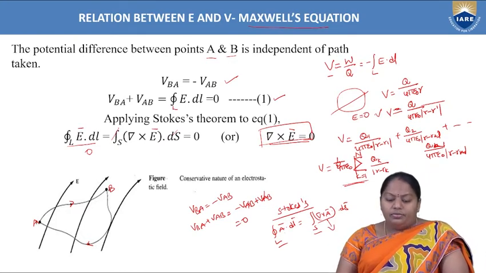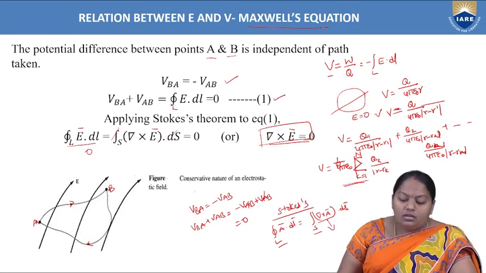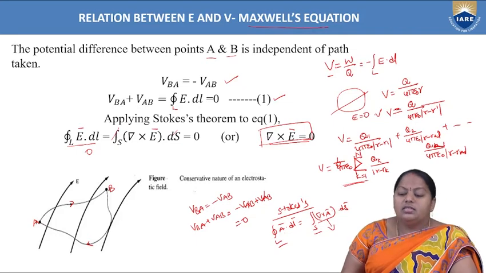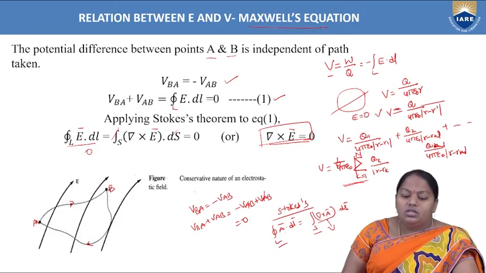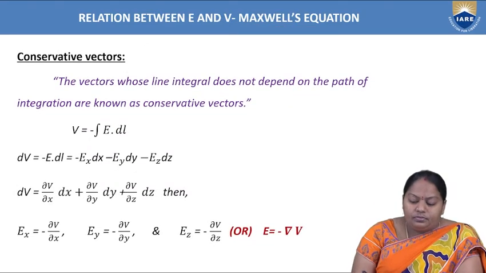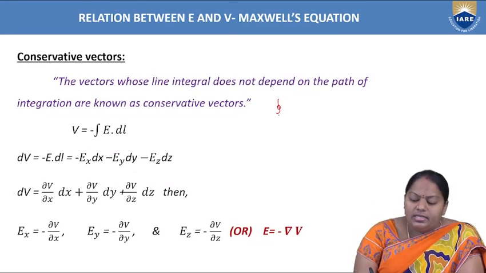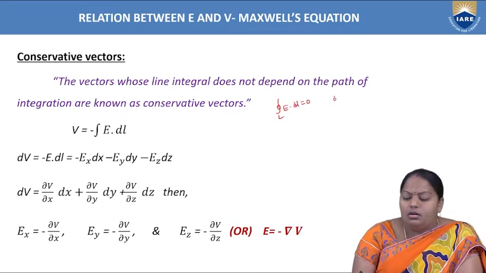Also, the integral form: we know that the closed line integral L E dot dl is equal to 0, or del cross E bar equal to 0.